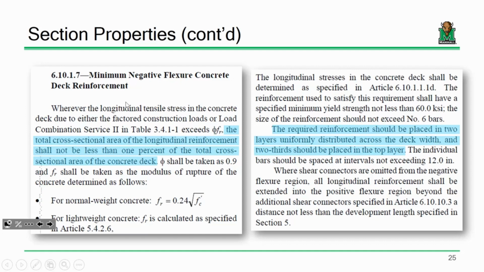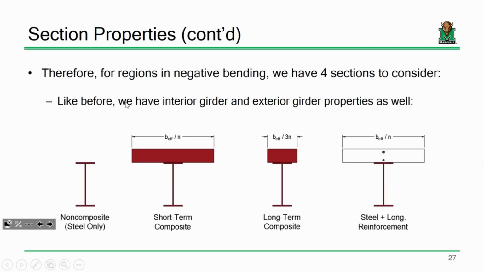The total cross-sectional area of the longitudinal reinforcement shall not be less than 1% of the total area of the deck. So that's that one on the left. So what that means is, if I look here at this steel plus longitudinal reinforcement, I would compute the area of this deck and say 1% of that, that's all this rebar.